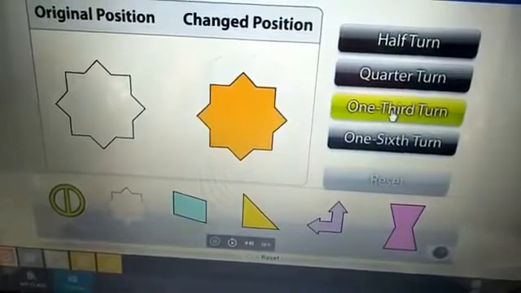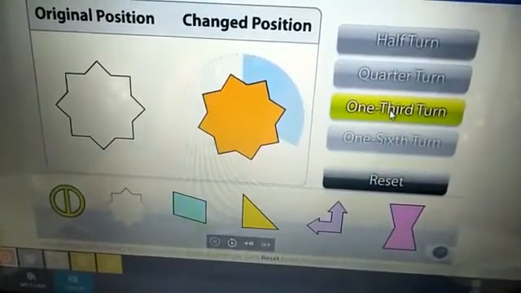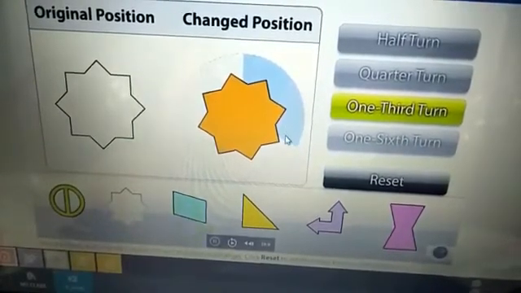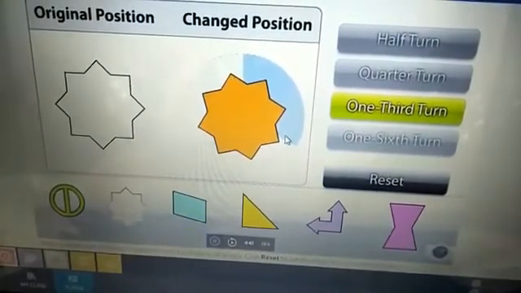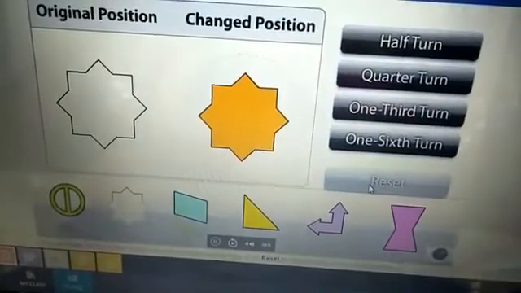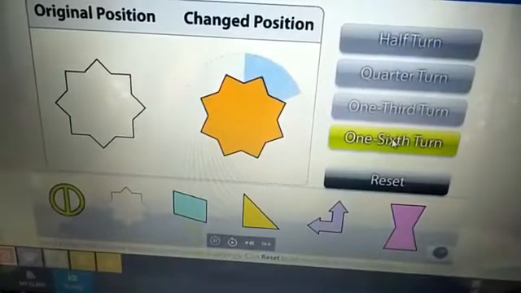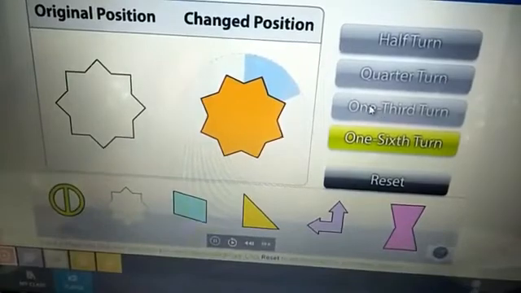Children, now I give 1/3 turn. Yes, after the 1/3 turn it has come to 120 degree. So now it has some changes, the point has come this side. Here also the point has changed. Children, now I give 1/6 turn. Yes, 1/6 turn is nothing but 60 degree.